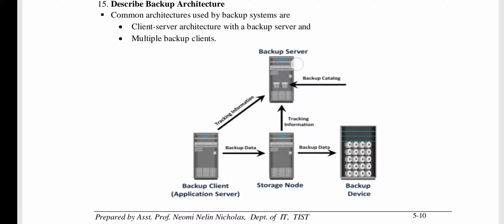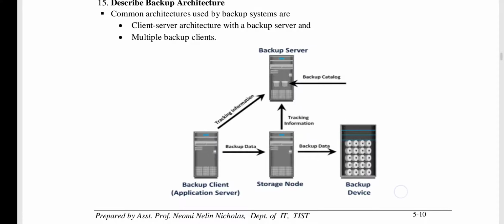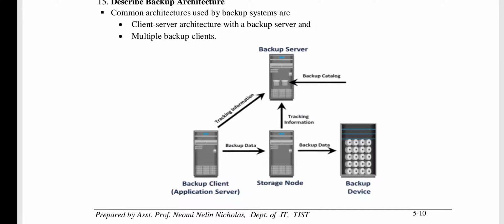Actually the server initiates the backup, and the backup client has the data that has to be stored in the backup device. The server gives an intimation to the storage node that there is some data to be backed up in the backup device. The server initiates the client to send the backup data to the storage node, which stores it in the backup device.